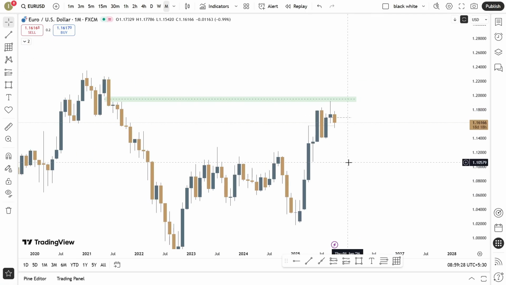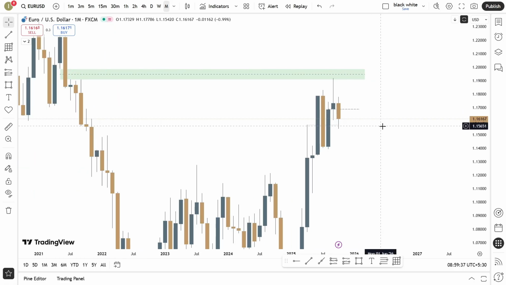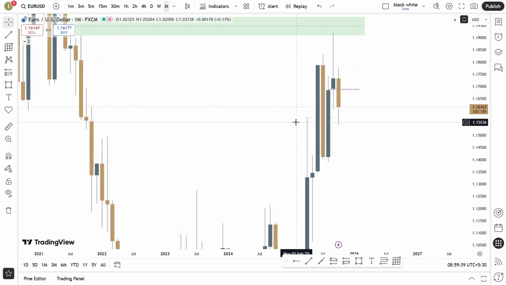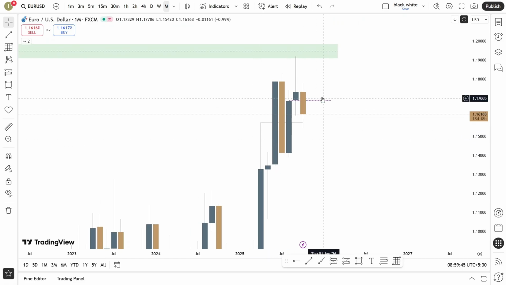So this is the monthly chart, and what we see is that as we had anticipated, the price reacted from this FVG zone and we moved into the downward side. Currently, the price is reacting from this particular level, which was a resistance before, and it is moving into the higher direction, taking the previous month's low.